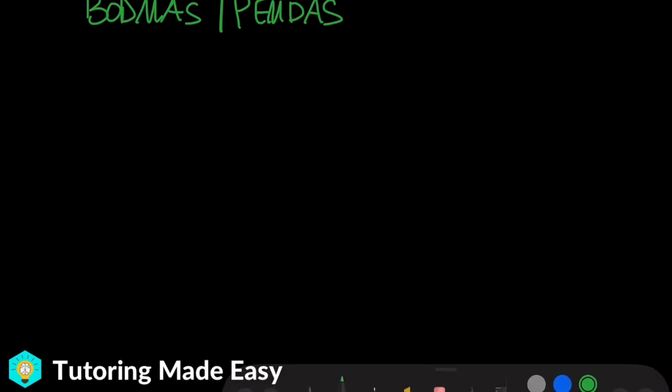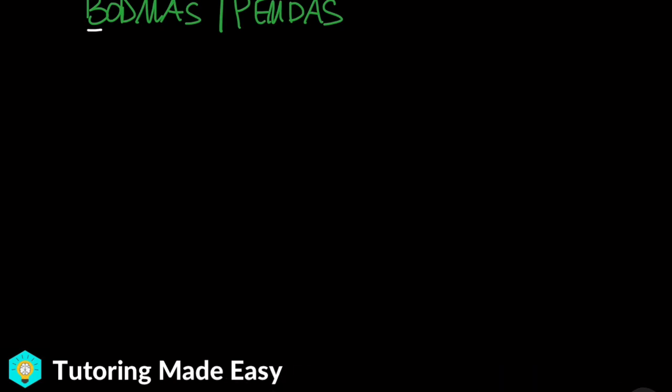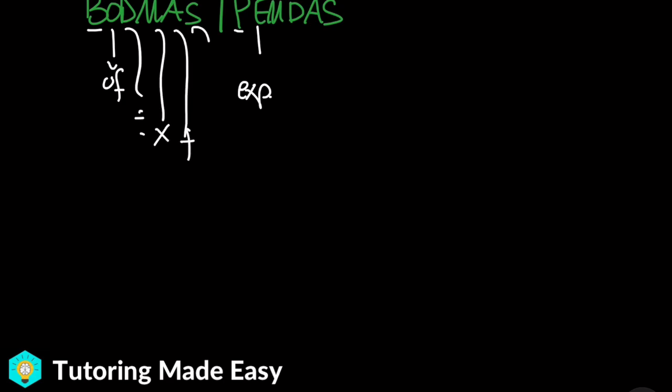But I think that the whole thing here is to do your brackets or your parentheses first, followed by the exponent in an expression, and this is the division sign. This is a multiplication sign. This is the addition sign, and this is the subtraction.